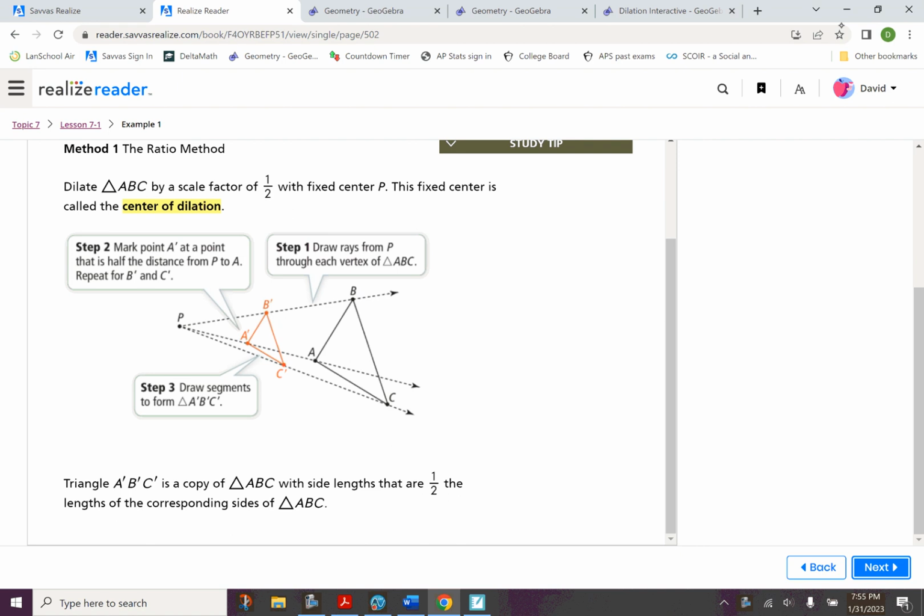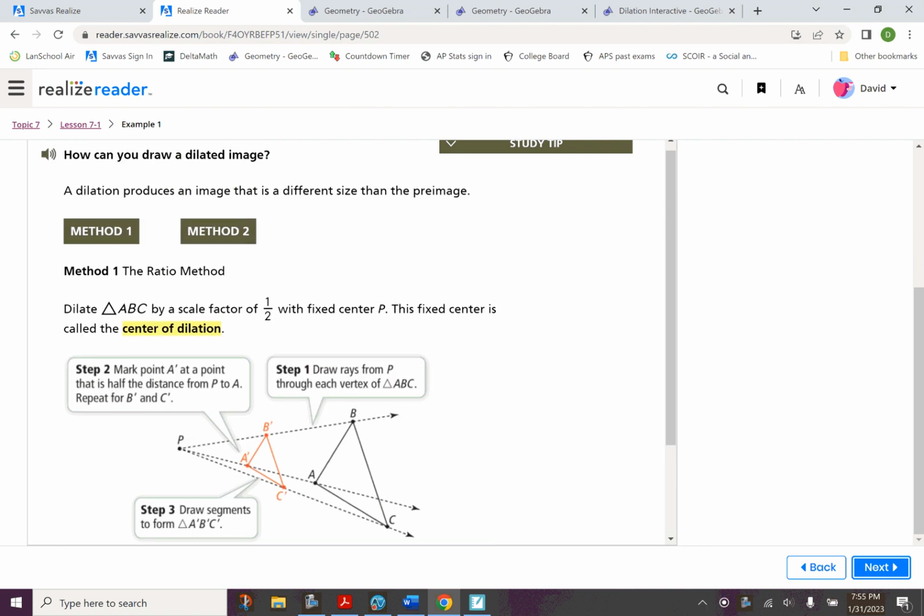You don't have to worry about the angles. Those will turn out to be congruent. You don't have to worry about the length of segment AB. The dilation will have the proper length. What you need to do is pay attention to the distance from the center. Okay. Now, that's not too bad.